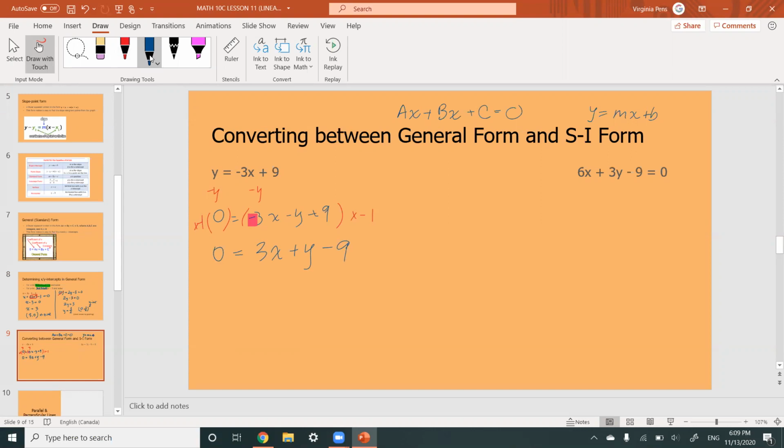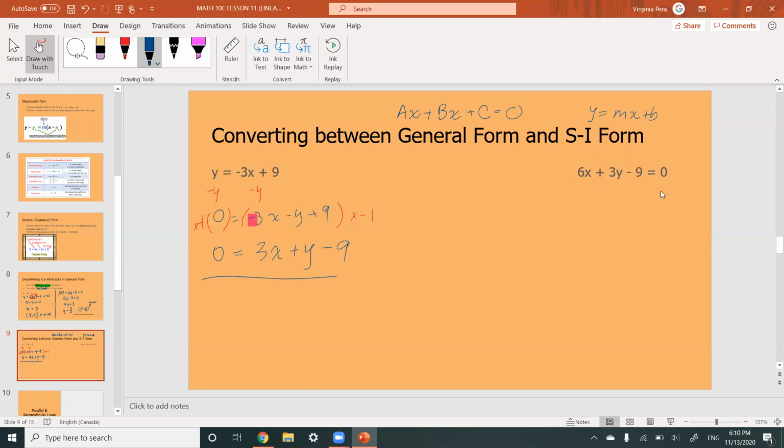So yeah, now is it in general form? Well, let's check all our restrictions again. It looks to be in general form. A, B, and C are all integers, and A is greater than 0. So this looks correct. Let's move on.